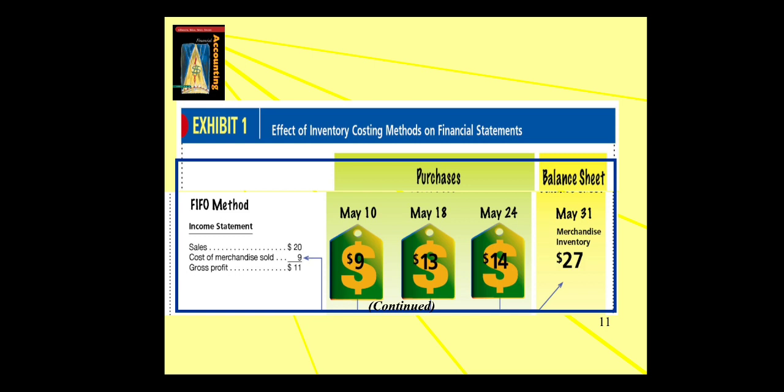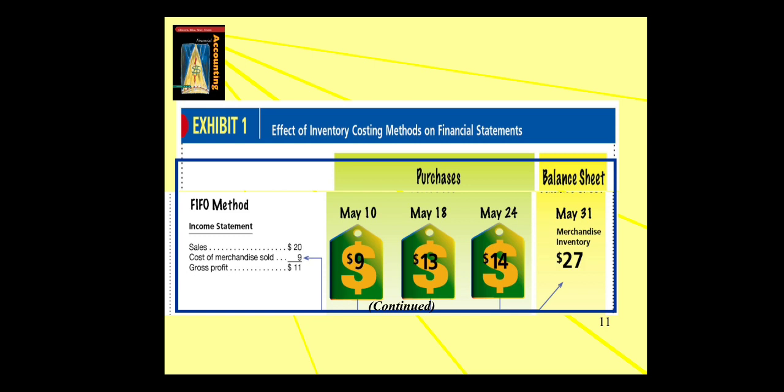So see here in the income statement, the business has to show sales $20. That is the price of one item that the business sold. And how much is the cost of goods sold or cost of merchandise sold?